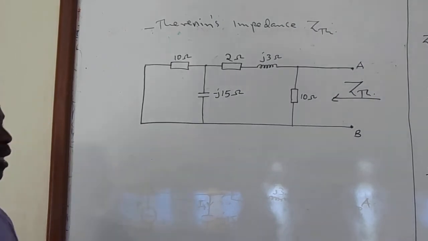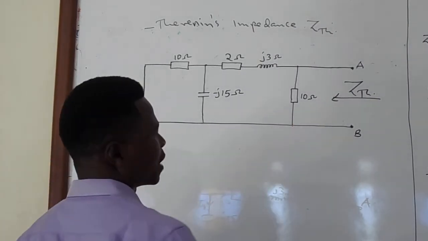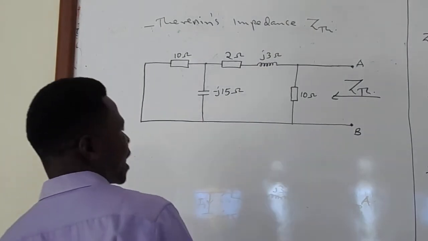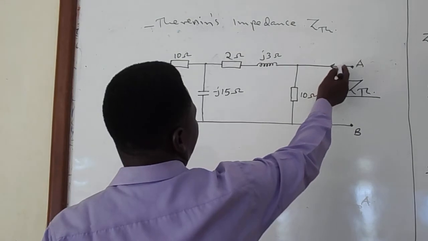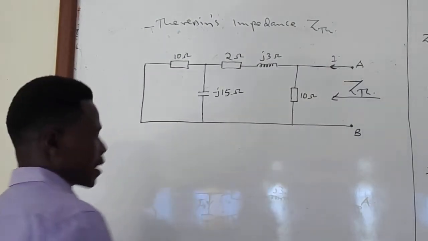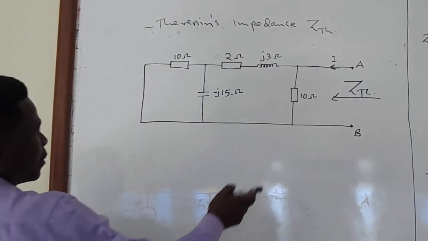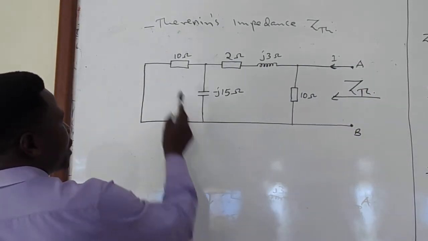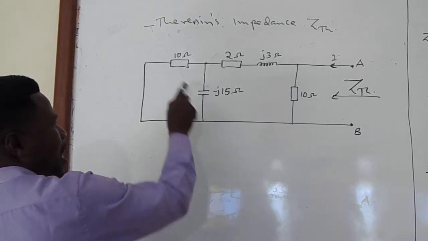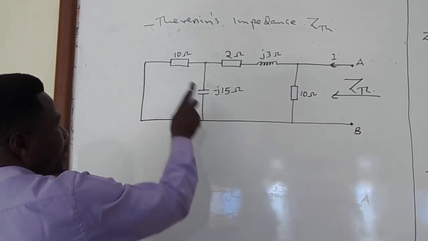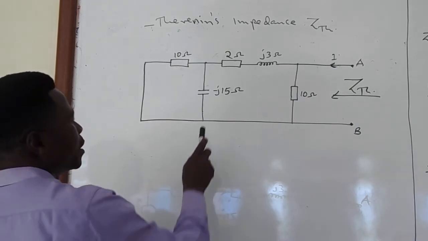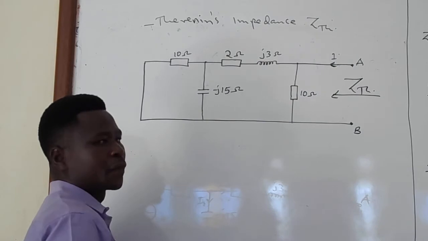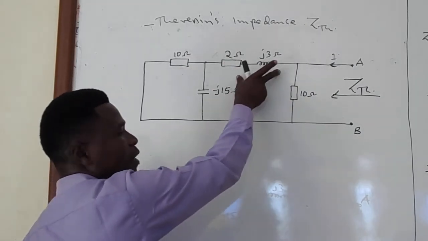So if you look at the nature of the circuit now, we assume that the supply is on terminal AB, and the current that will be supplied is in that direction. And therefore, looking at it from the supply end, 10 ohms is in parallel with negative J15 ohms. And the combination here is in series with the 2 plus J3.